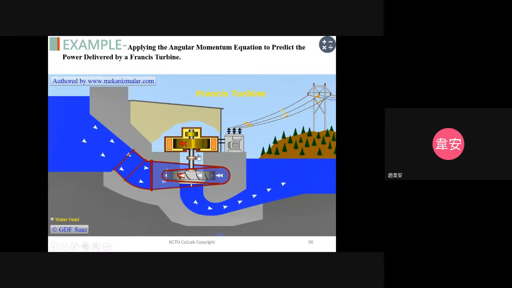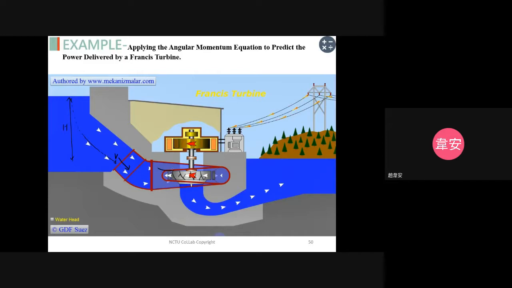Okay, so the animation showing here, usually this is very famous. We apply the hydraulic power generators because we have the water head in here, so based on the Bernoulli equation, if we have a high water depth and a high velocity flow inside here, the water will push the runners to start to rotate.